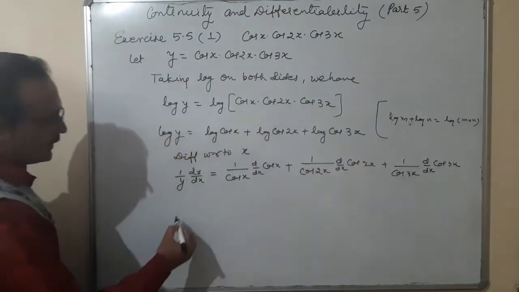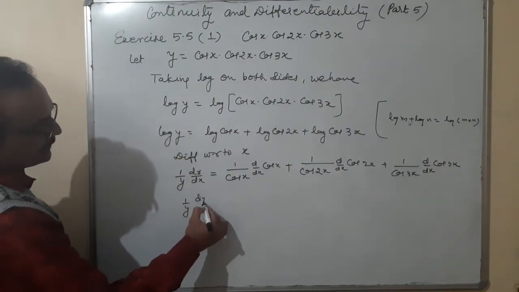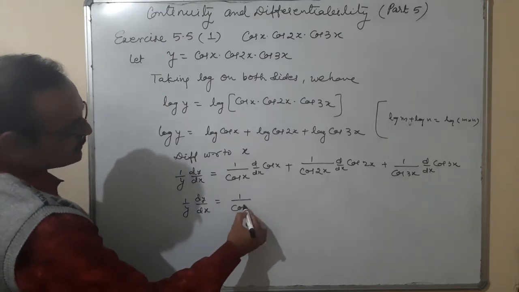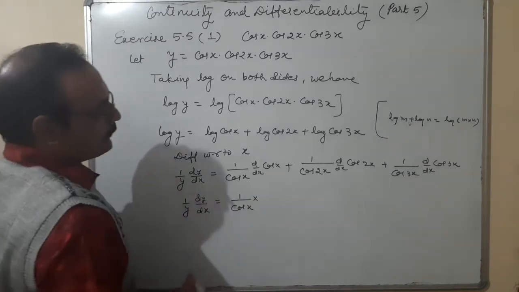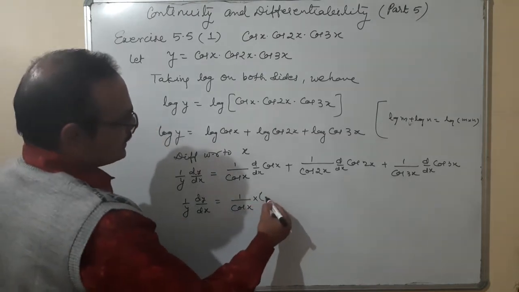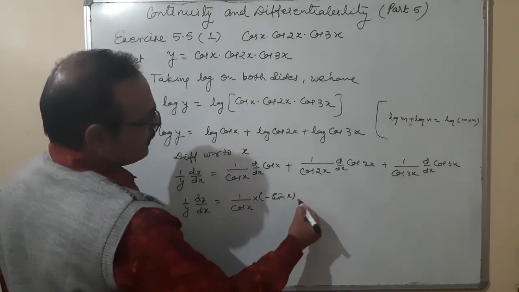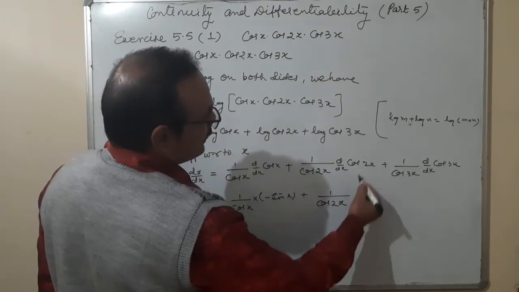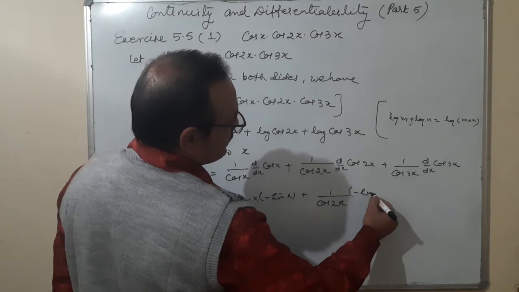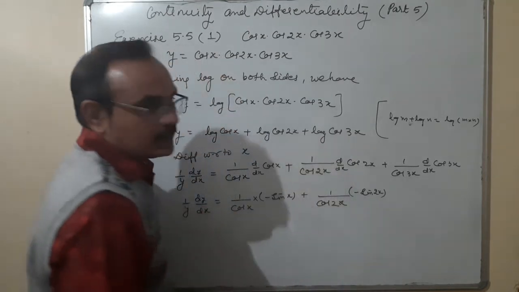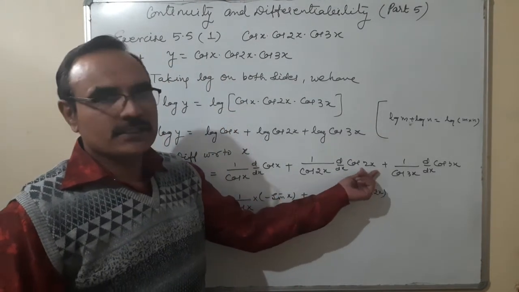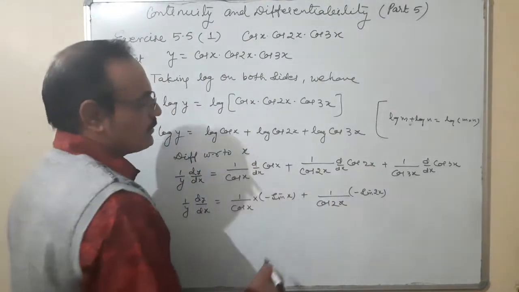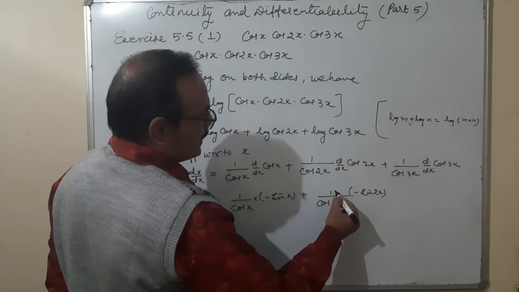Then 1 upon y dy by dx is equal to 1 upon cos x into the differentiation of cos x, which is minus sin x, plus 1 upon cos 2x, the differentiation of cos 2x is minus sin 2x, and again here using the chain rule, because 2x is equal to t, 2 comes outside. So multiplied by 2.